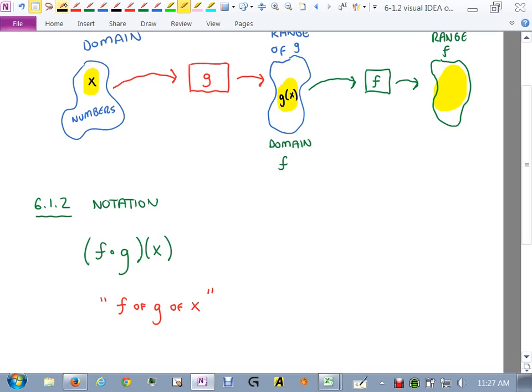And how do I write that? Well, F with what? What got plugged into F? G of X. So we write F of G of X. Do y'all see that? That says F, and inside of F is G of X. Make sense?